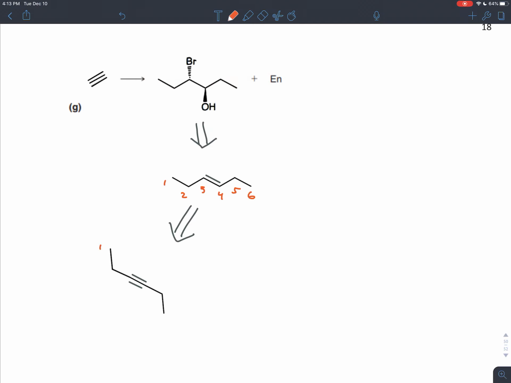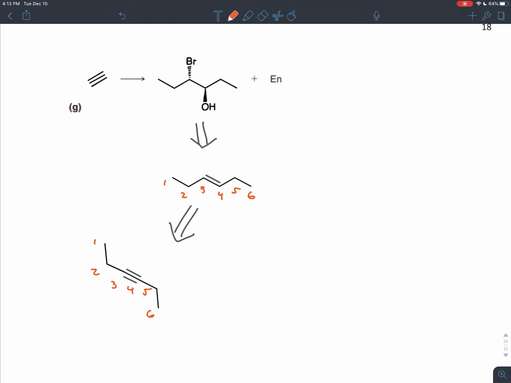So if we have that, and notice it's 1, 2, 3, 4, 5, and 6. So if we had this triple bond, which resembles our starting material a little bit more, we'd be able to make this, for sure. We could either use H2 and Lindlar's catalyst or dissolving metal reduction.